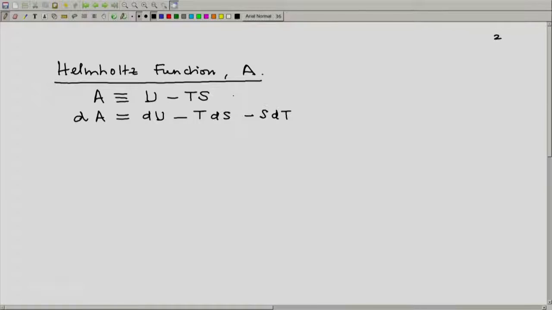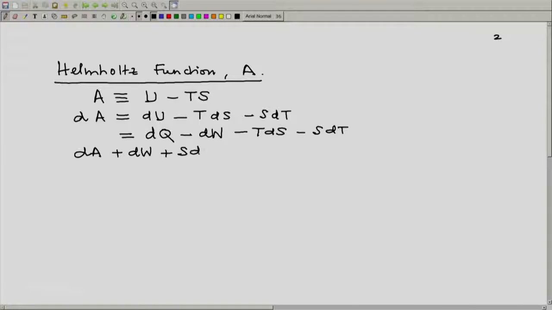Now replace dU by the first law. So this equals dQ minus dW minus TdS minus SdT. Transposing terms on the left hand side, we will get dA plus dW plus SdT.